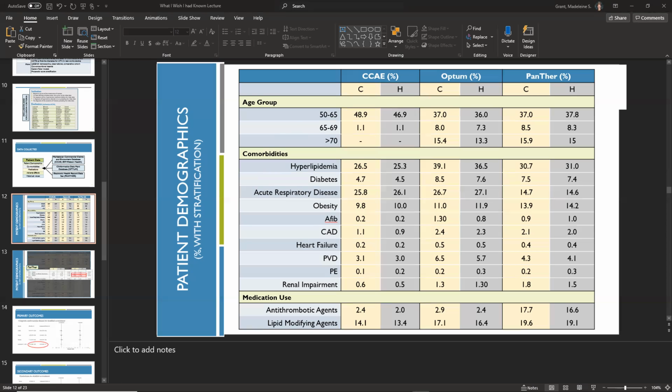How many comorbidities did they have? Do they have comorbidities that we would expect in the study population? If the study is about heart attacks and they don't collect information about lipid modifying agents, that's a huge key piece of information that we need to know. And if one group is on way more statins than the other, that's going to skew the data a lot, most likely.